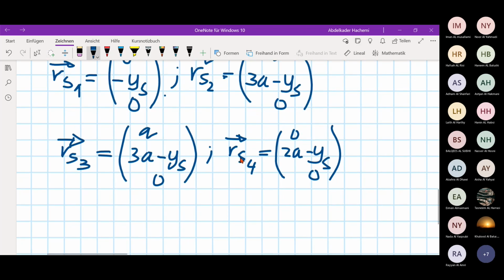These are the position vectors of all masses from mass M1 until M4.